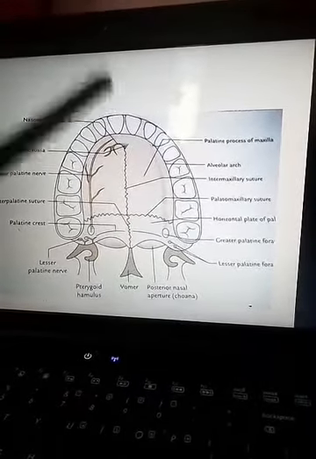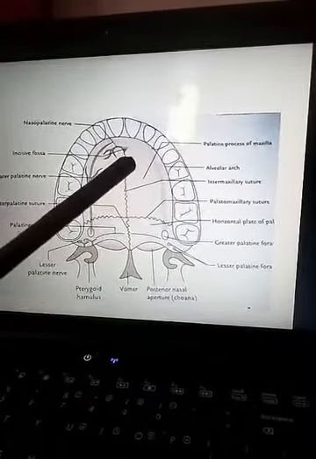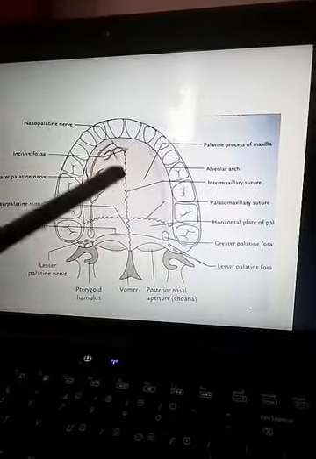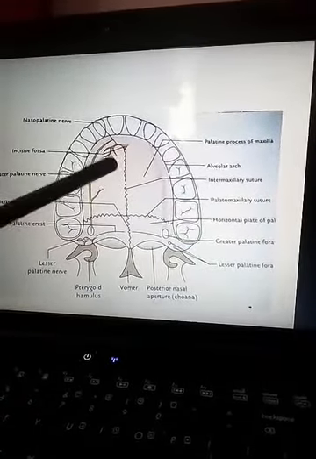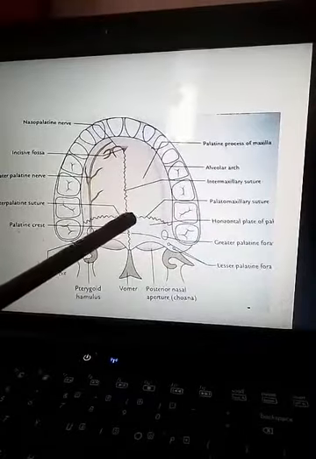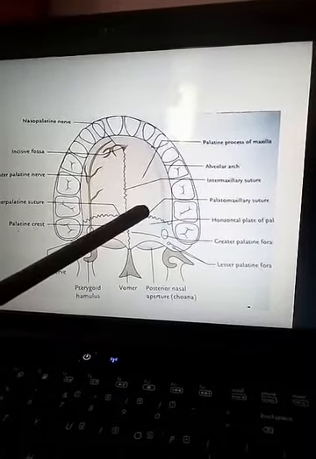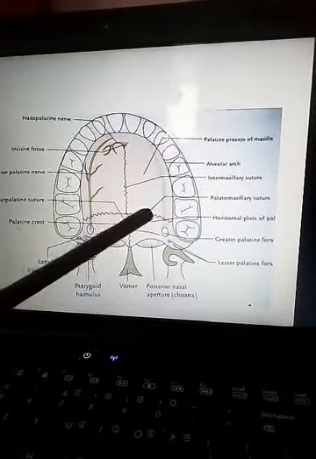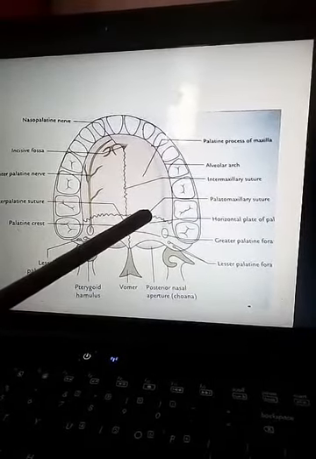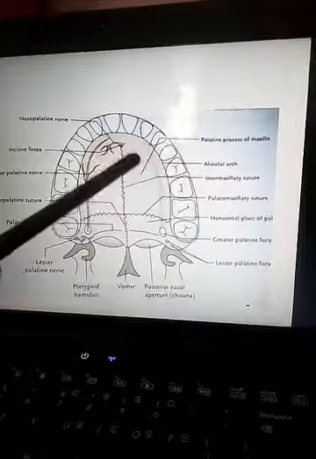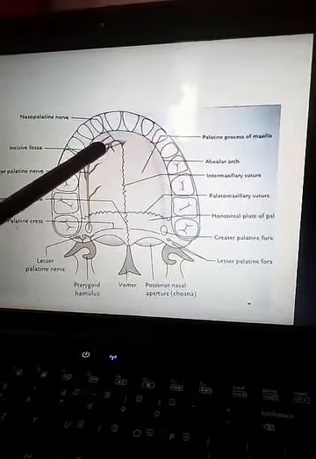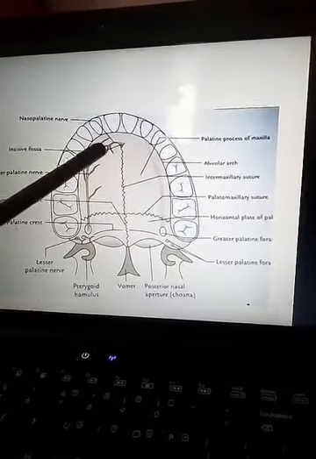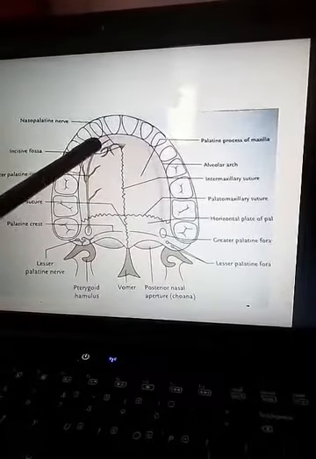Now veins of the hard palate drain into the pterygoid plexus of veins and pharyngeal venous plexus. Now hard palate is supplied by the greater palatine and nasopalatine nerves derived from pterygopalatine ganglion. The greater palatine nerve supplies whole of the palate except anterior part of the palate behind the incisor teeth, which is supplied by the nasopalatine nerves.